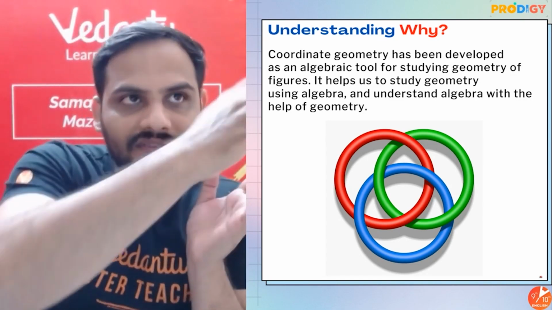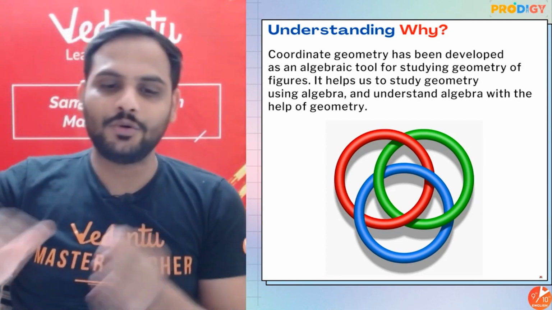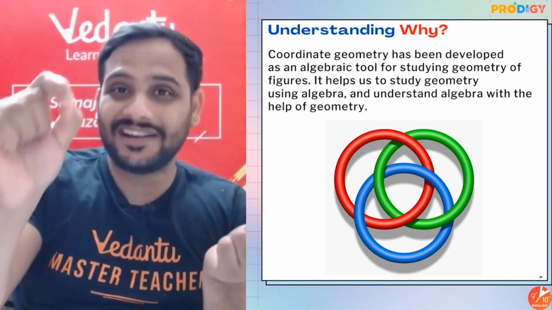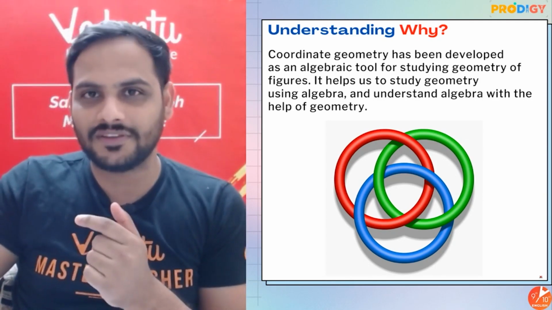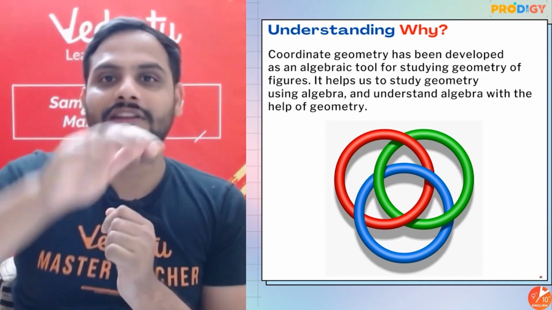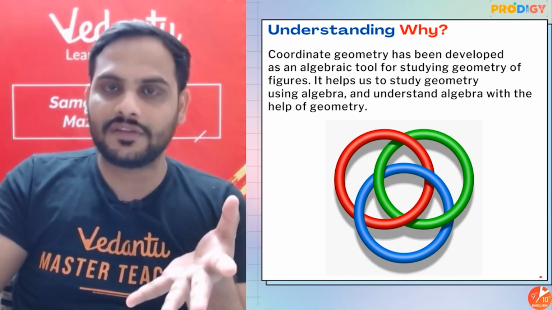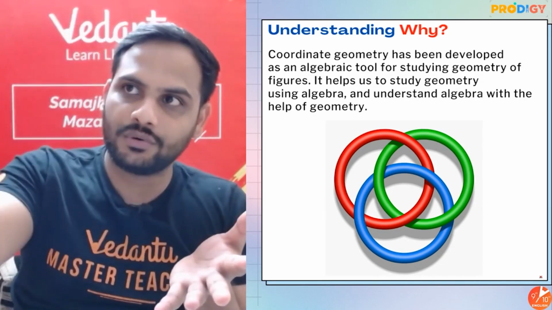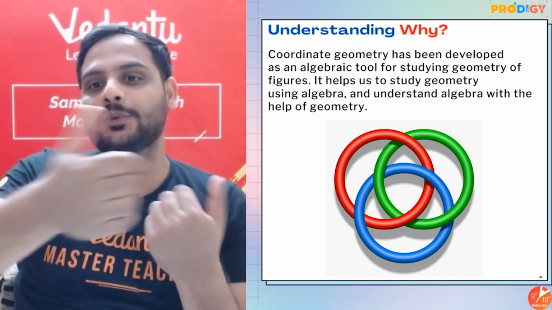How do I represent those shapes algebraically? How do I represent a line, which is a geometric figure, in the form of its variables? We know a linear equation in two variables will represent it. For that we have developed coordinate geometry, which will tell us how the line is going to look. If I draw a line, what will be the equation of that line?